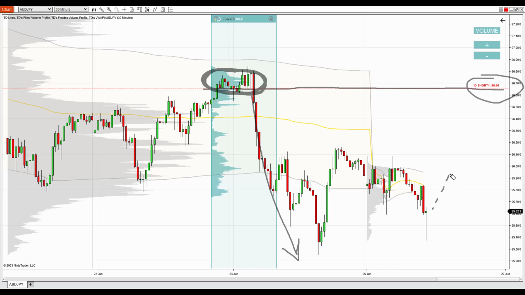So if there is a pullback to this level at some point in the future, chances are there'll be a reaction as the strong, most likely institutional sellers from this zone will be defending their shorts which they placed in this zone, which is important for them, and they'll want to push the price downwards. Right? So this is why this should work as a strong resistance.